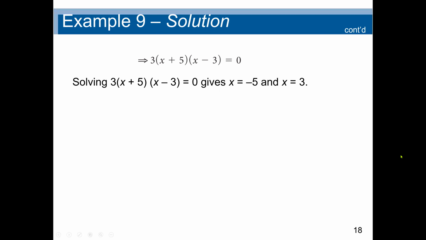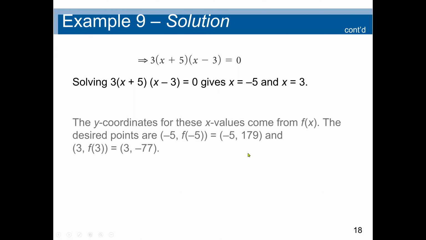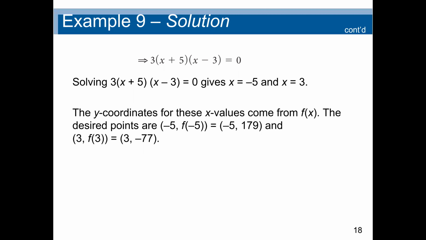Okay, if no question, we keep going. As we said earlier, if I know the negative 5 and 3, I can find the y value where it touches. But again, this is a horizontal line, so we're going to get the same value. The y coordinate of these x values comes from f at x. The desired points are negative 5 and f at negative 5.